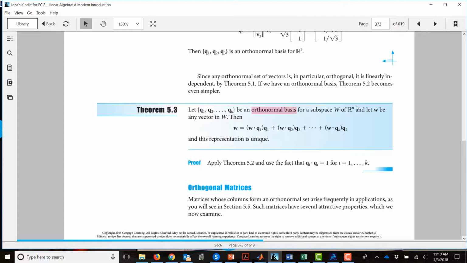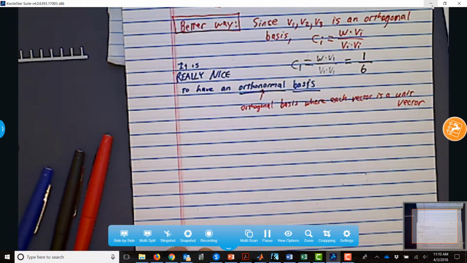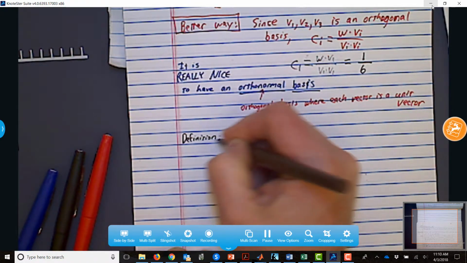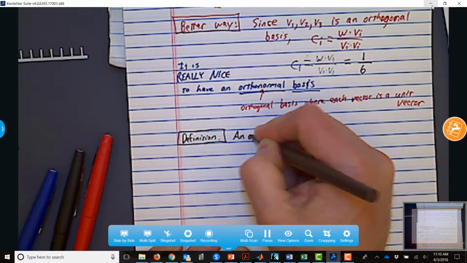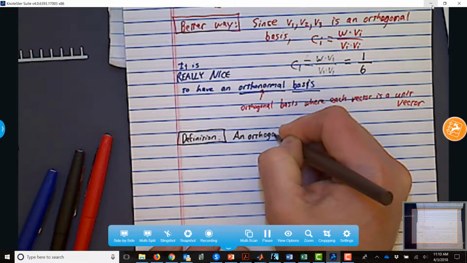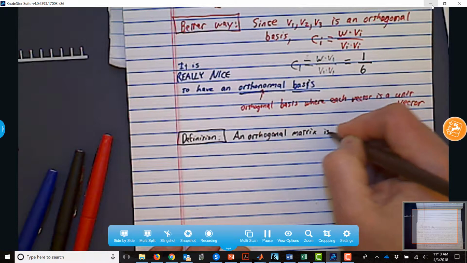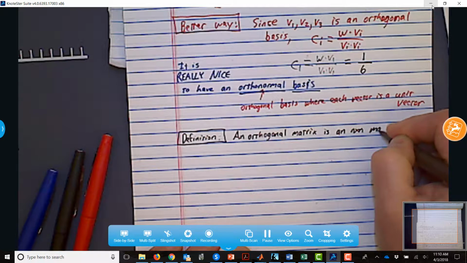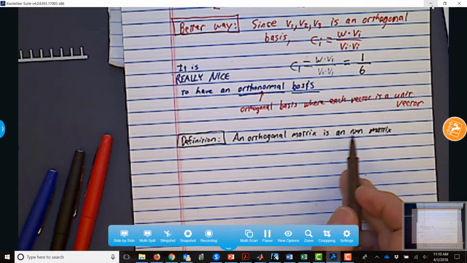First thing you should know is the definition. So let me write this down. Definition. An orthogonal matrix is an n by n matrix. So first of all, it has to be square. Okay?